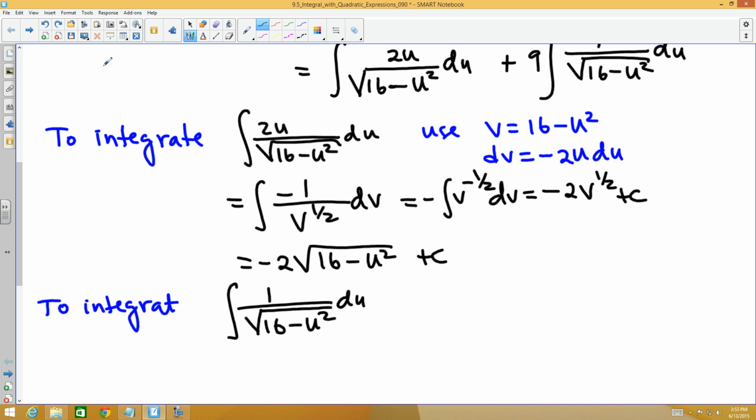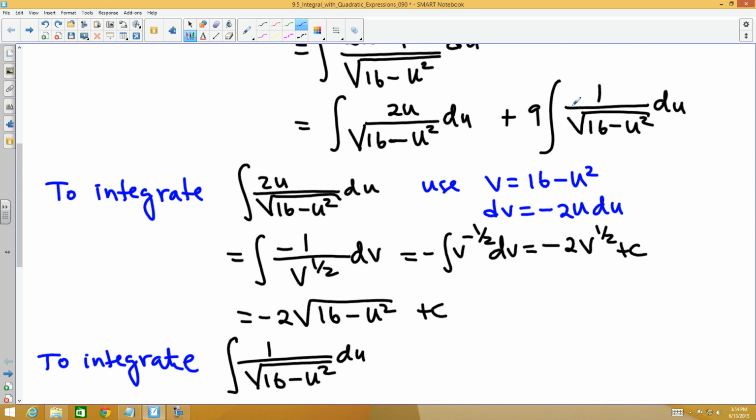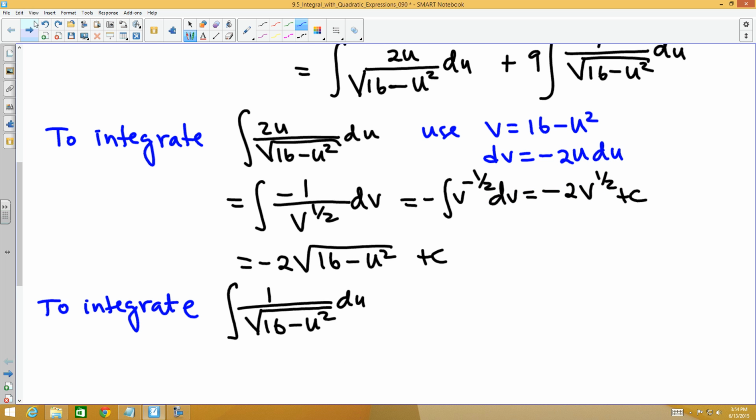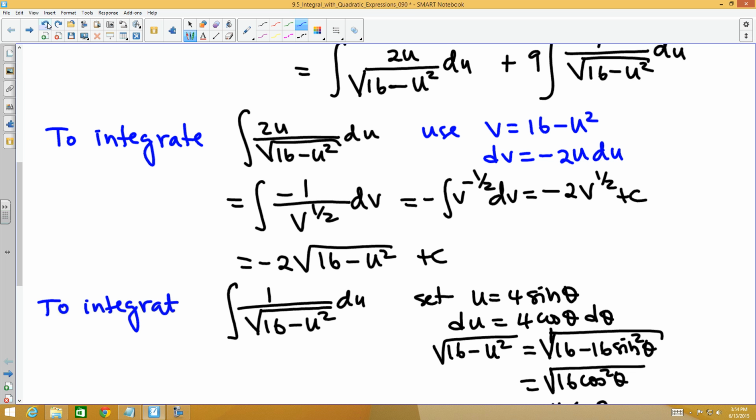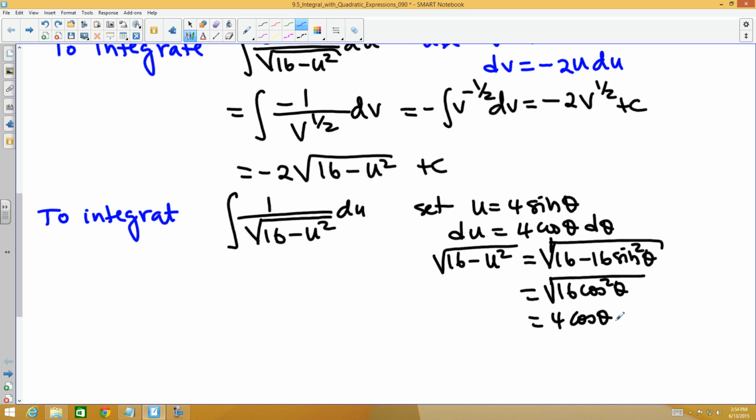Now we want to integrate the other one. Also, I think there's a mistake here. We need a 9 there. So to integrate the second part, we need to do a trigonometric substitution, and the appropriate one is setting u equals 4 sine theta, and du then will be 4 cosine theta d theta, and the square root of 16 minus u squared will just be 4 cosine theta.